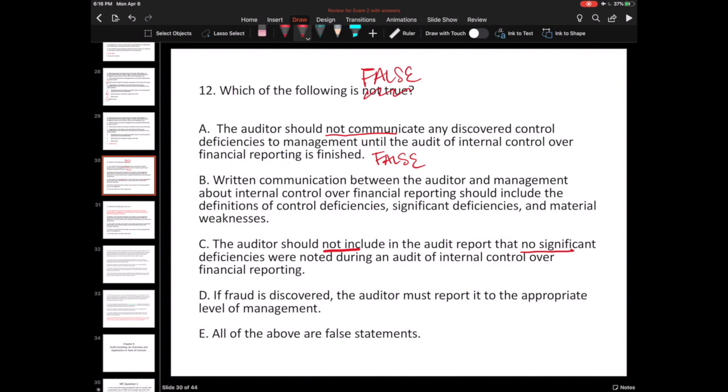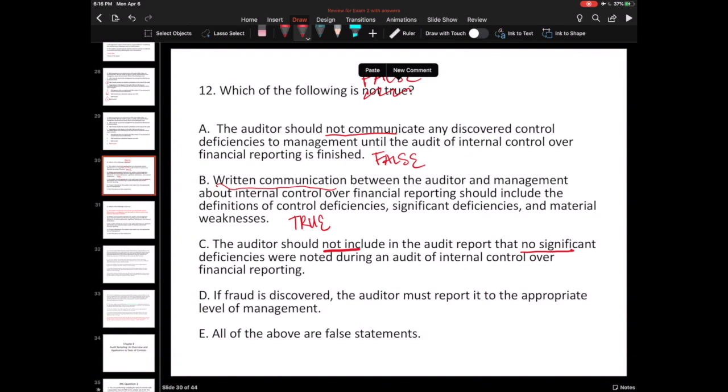It would be kind of ridiculous if you waited to the end and then overloaded management with all the information. That would lead to a very poor auditor-client relationship. Okay. This one, about written communication, I don't think we talked about this explicitly, but if you read your textbook, which hopefully you did, you would see it's true.